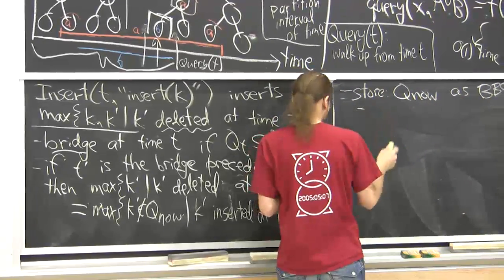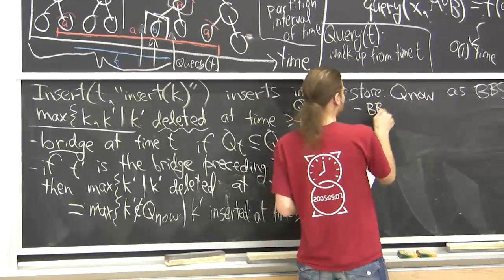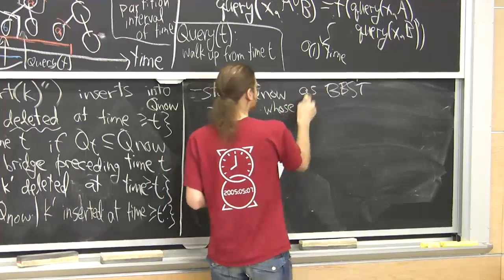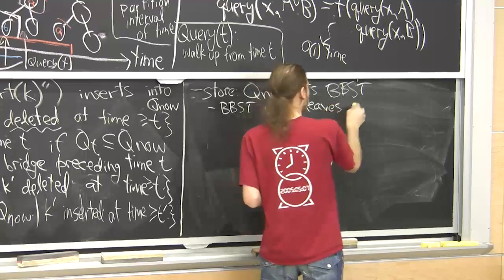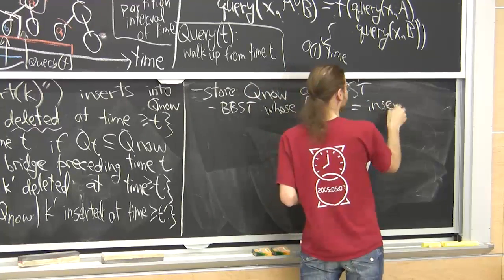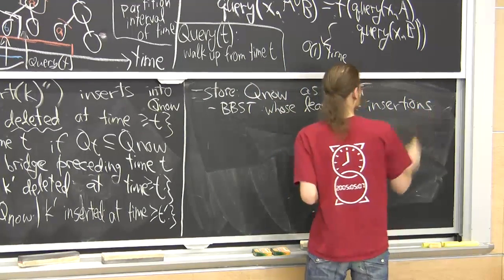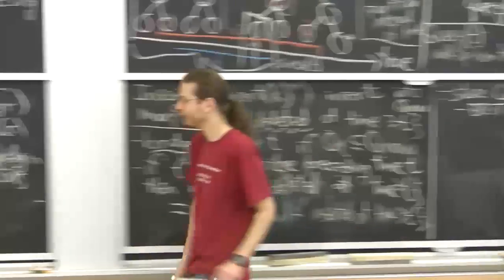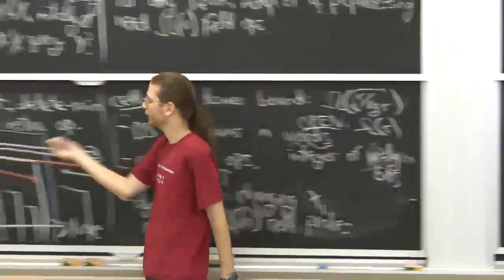We want to store a balanced binary search tree whose leaves represent insertions. So lowercase insertions. So that's all of the rightward arrows.